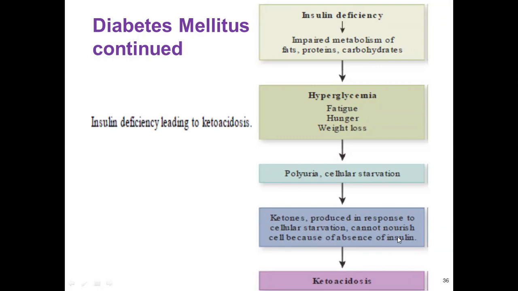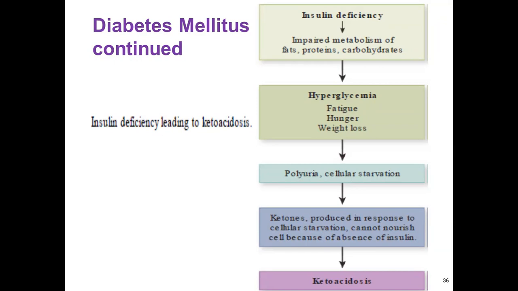Cellular starvation: ketone bodies are formed and produced in response to cellular starvation, as cells cannot be nourished in the absence of insulin. So the basic pathology: insulin metabolizes glucose and glucose forms energy as ATP. But when there is glucose in the body but a deficiency or lack of insulin, glucose does not undergo the metabolic process. At that time fat and protein come into circulation and start to be metabolized, producing ATP energy.